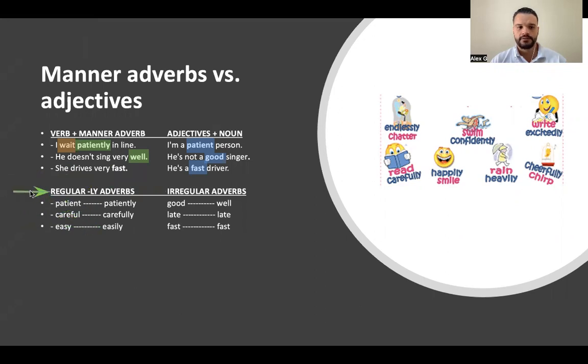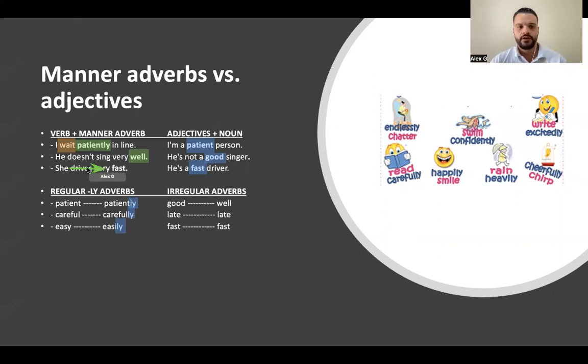All of these follow the rule of adding ly to the end of the adjective, as you can see here. Patiently, carefully, and easily. So it's just the regular adjective plus the ly.